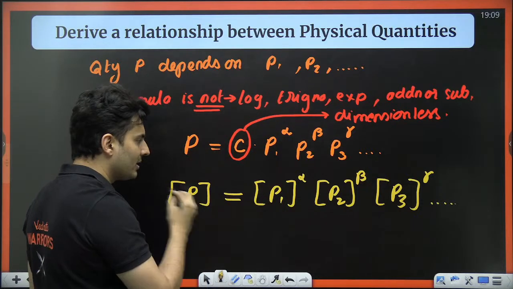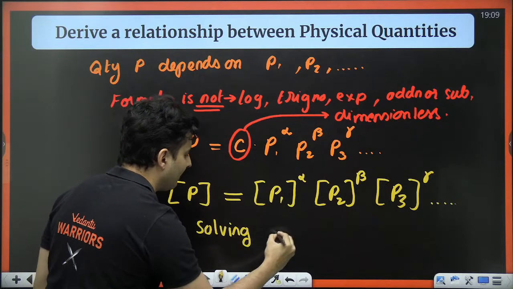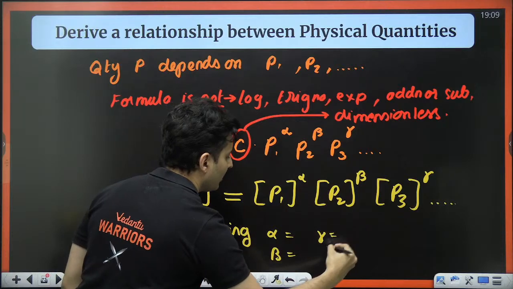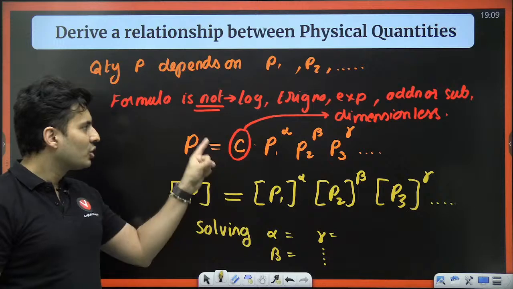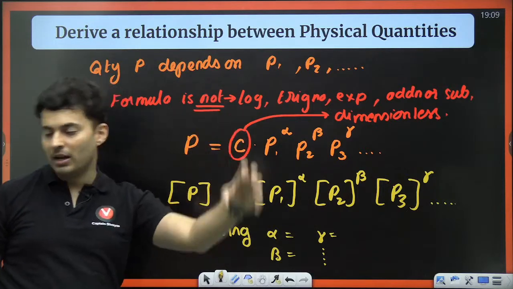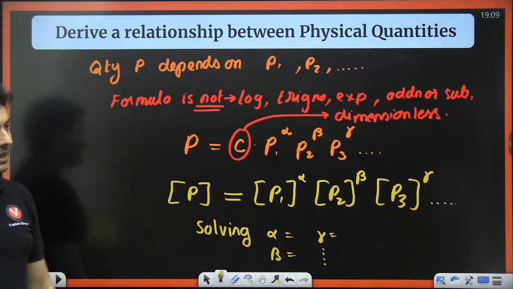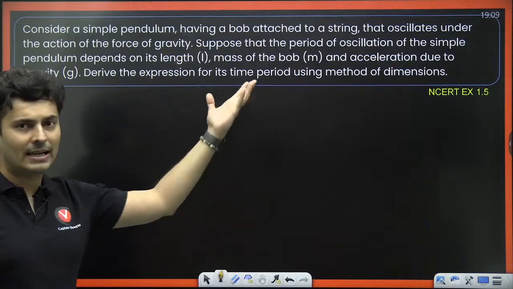LHS will be equal to RHS, and solving, you can get the values of alpha, beta and gamma, and so on. You will then know the correct formula. Let's try to understand this with an example.